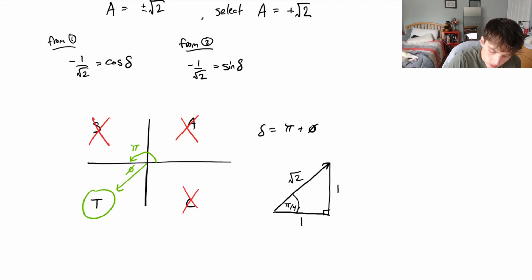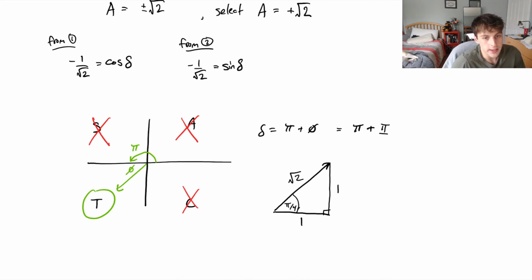And we've already seen this. We interpreted this already, so we know it's pi plus pi over 4, which means that our delta would be 5 pi over 4, right? And if all this is confusing, hopefully this is something that you can work out without a calculator.